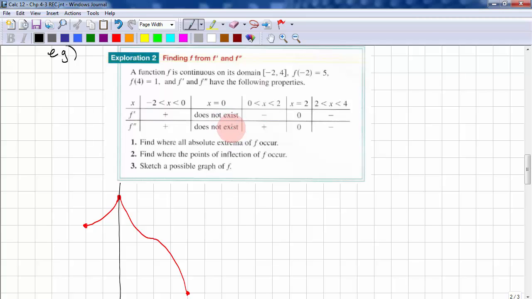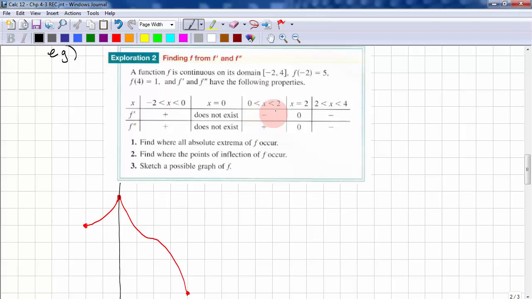That means we have a cusp. It can't be a corner because a corner means that this would be a line and this would be a line, and the second derivative would not be positive over here. It would be 0, and 0 is not positive or negative.